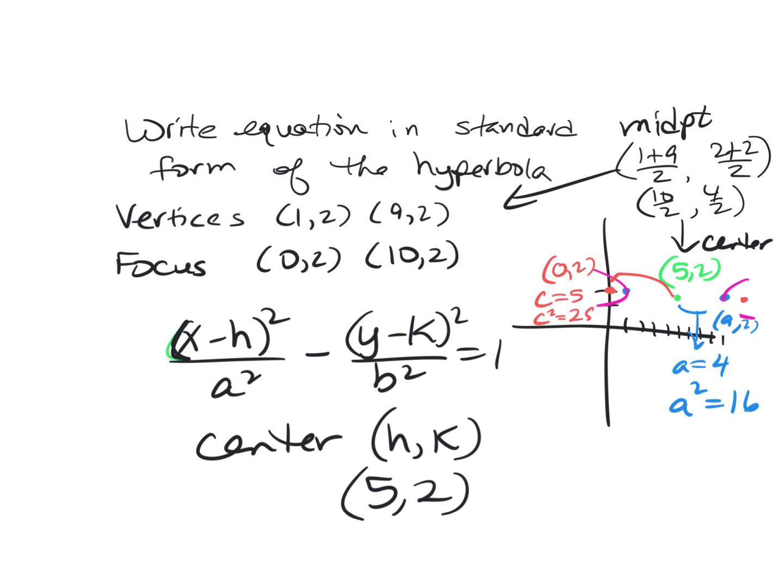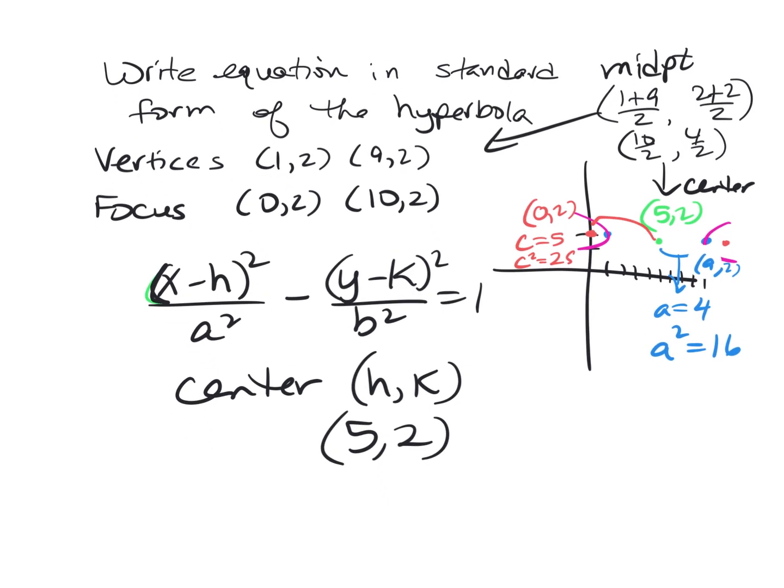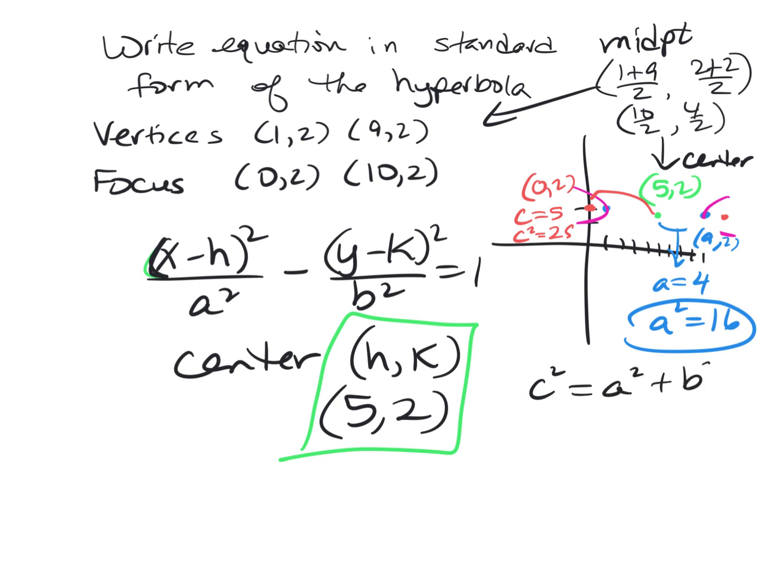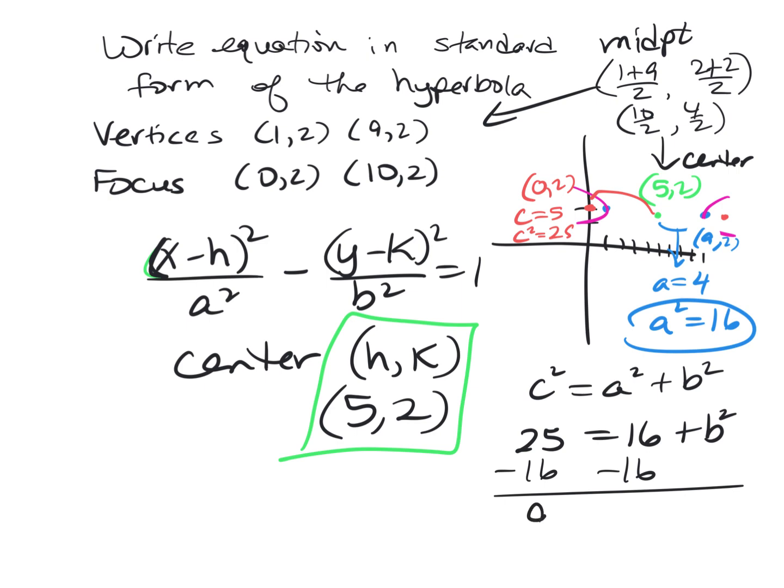Now, what I need to fill in my equation is I'm filling in the center, I'm filling in a squared, but now I need to find b squared. So I use the formula c squared equals a squared plus b squared. My c value was 5, so 5 squared is 25. My a value is 4, 4 squared is 16. And now I'm going to solve for b squared by subtracting 16.